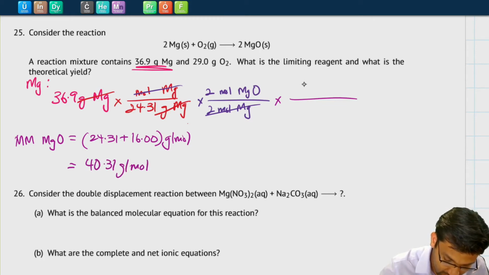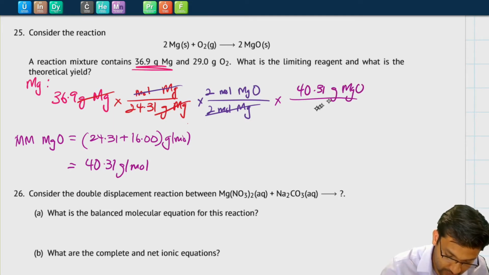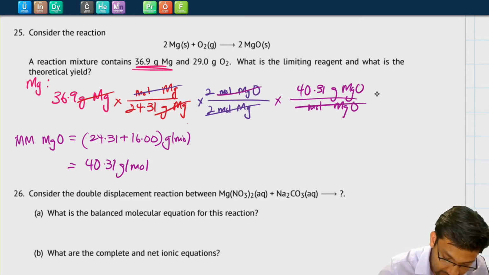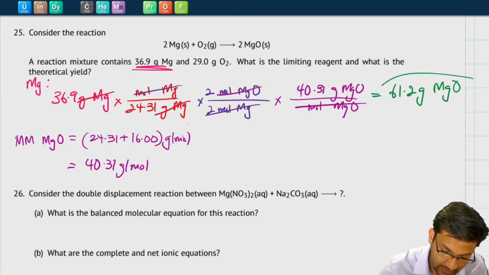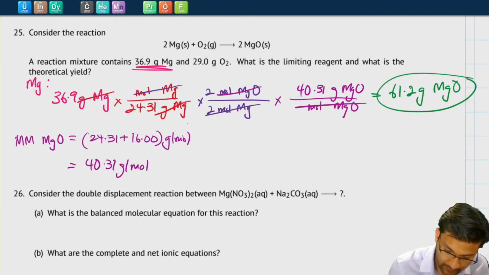So let's use that: 40.31 grams of magnesium oxide per mole of magnesium oxide. We punch all of this into a calculator, and we will get 61.2 grams of magnesium oxide. Let's just circle that. We'll come back to it later.